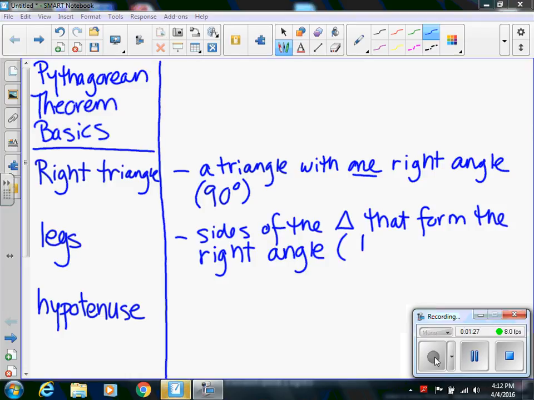In other words, they are perpendicular to each other. This upside down T means perpendicular.